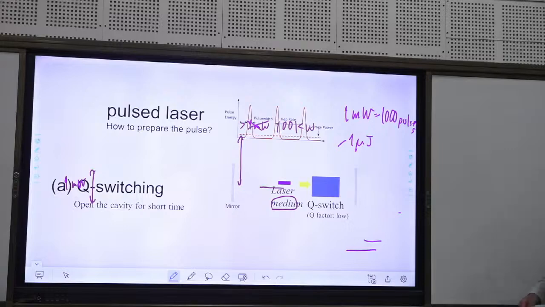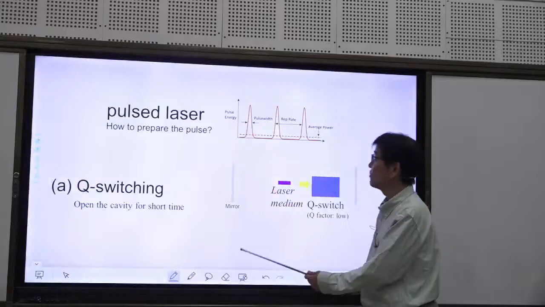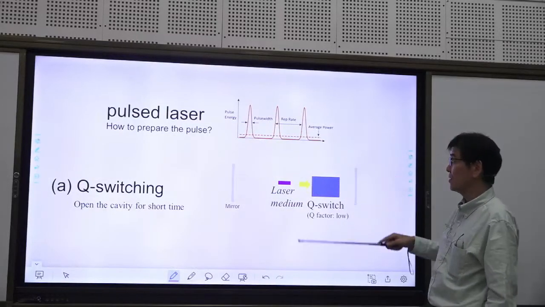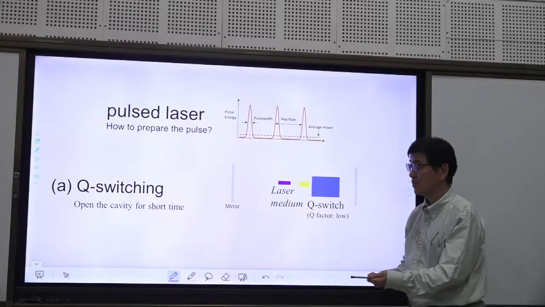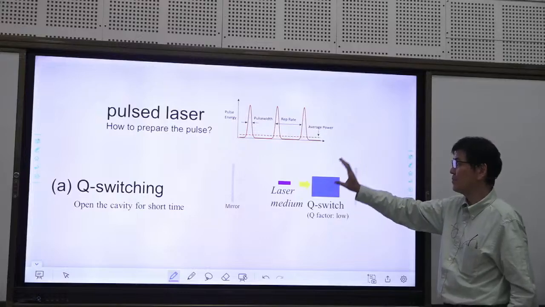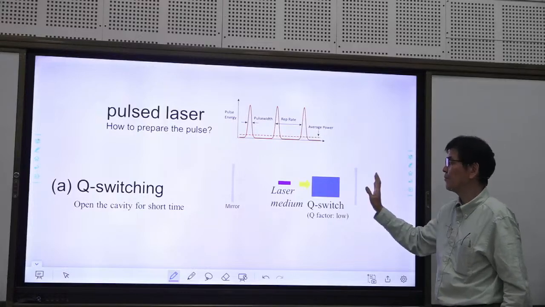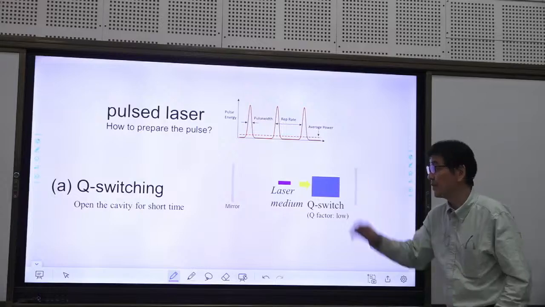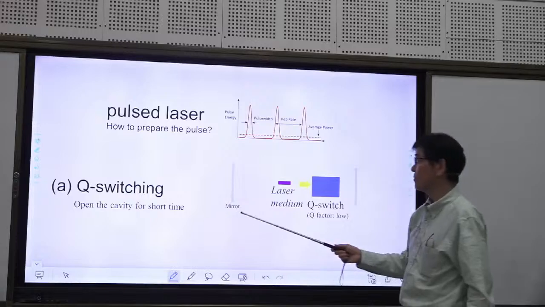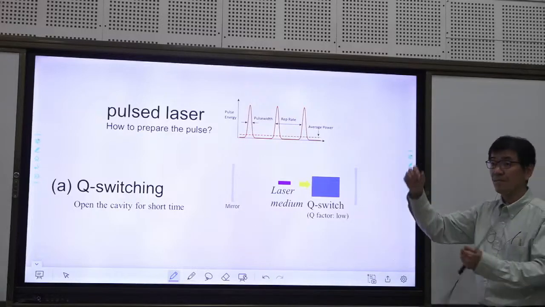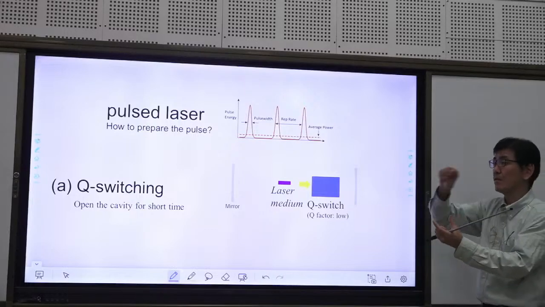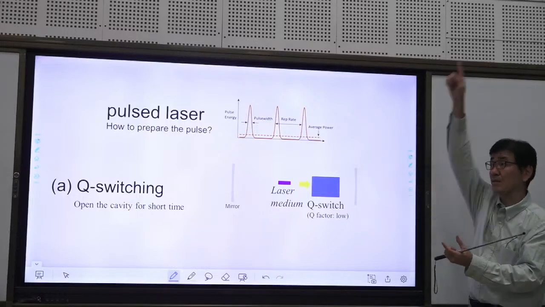I should explain this page. So, how can we prepare the pulse laser? Okay, one method is the Q switching. Put some gate in the cavity and open the cavity for a short time. Then, during the opening time, laser goes to the output, so it becomes pulse.